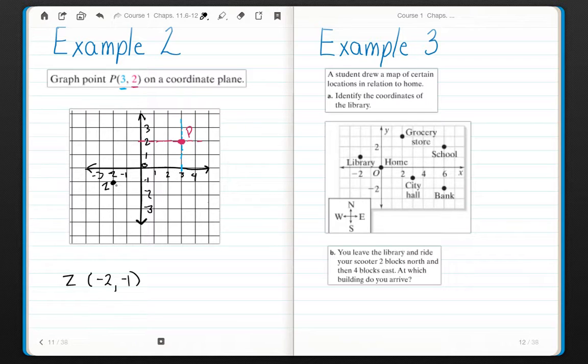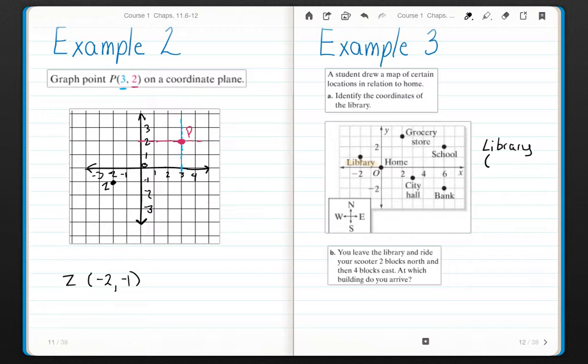So let's talk about example 3. A student drew a map of certain locations in relation to home. A, identify the coordinates of the library. So here's my library. And of course I'm going to label it, start my parentheses.